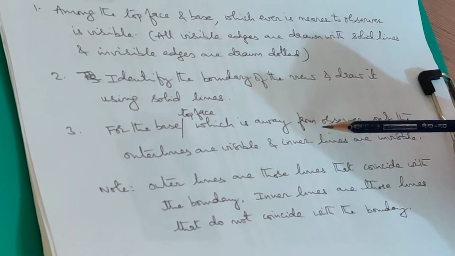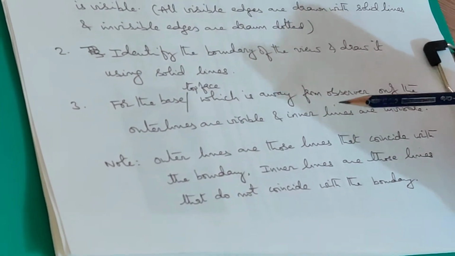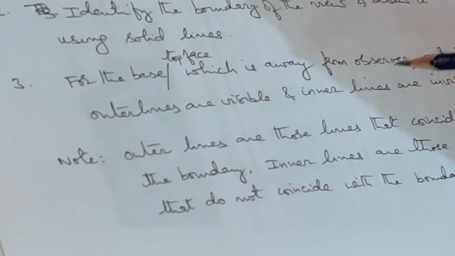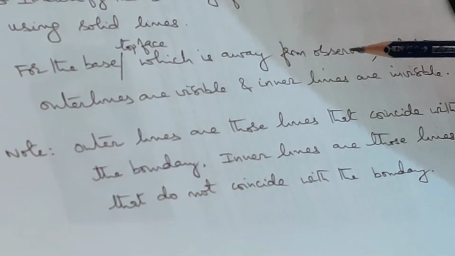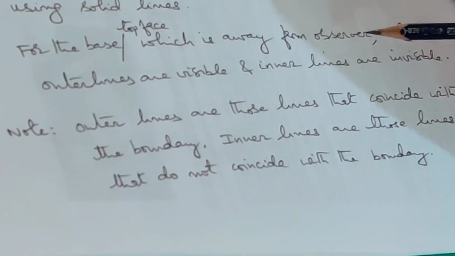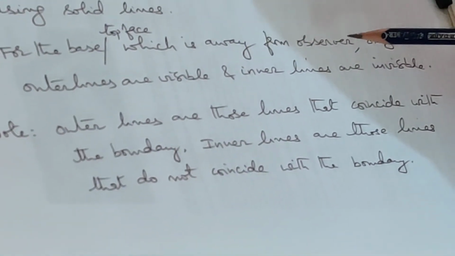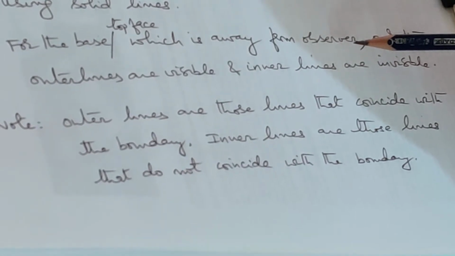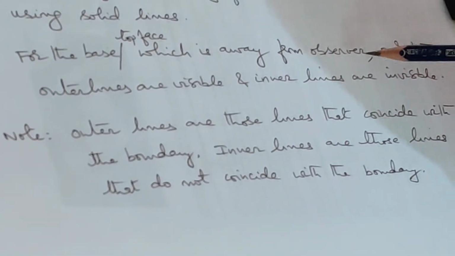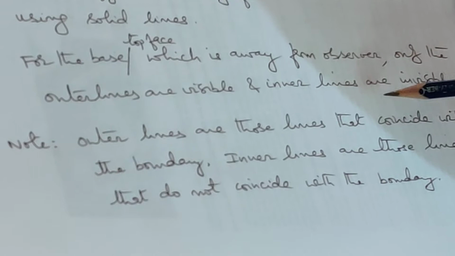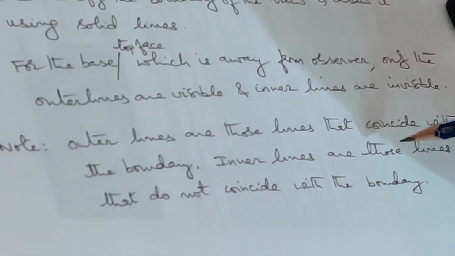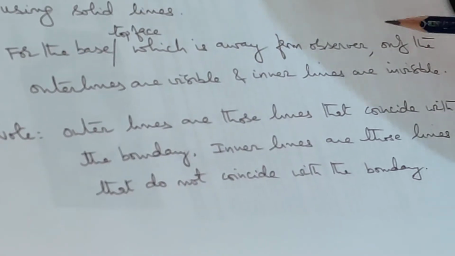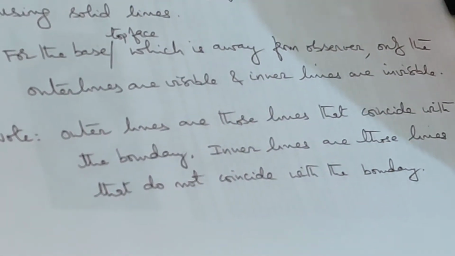The third step, the base or the top face, whichever is away from the observer, all the lines will not be visible. The lines that coincide with the boundary are visible. In other words, they are drawn as continuous lines. The lines that are not coinciding with the boundary, which we call inner lines, will be drawn as dotted lines. So you will get more clarity when I go to the problem and demonstrate it.